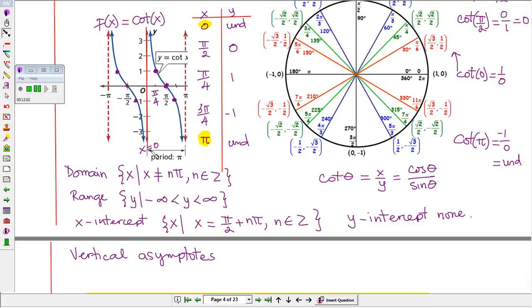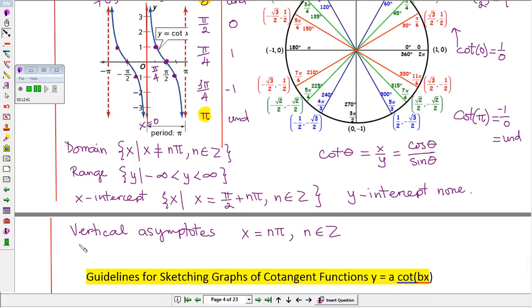So if I look at one period only, my vertical asymptotes will be x equals 0 and x equals pi. Now if I'm talking in general, my vertical asymptotes will be multiples of pi. So x equals n times pi, where n is an element of the set of integers.